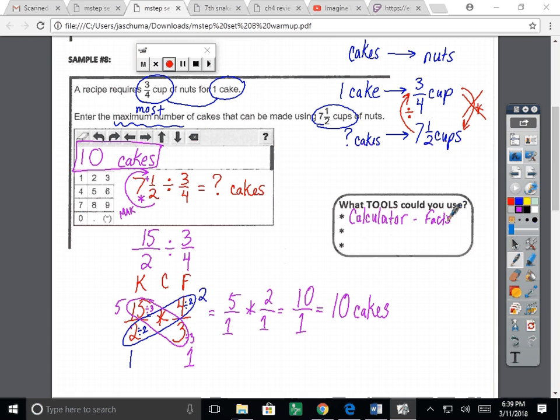Well, maybe if I go back to that previous problem, I could talk about the cross-off tool. So that helps me eliminate any bad answers, any bad choices, right? Okay. Any other tools we might use?